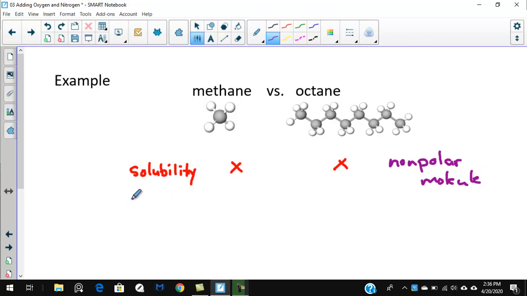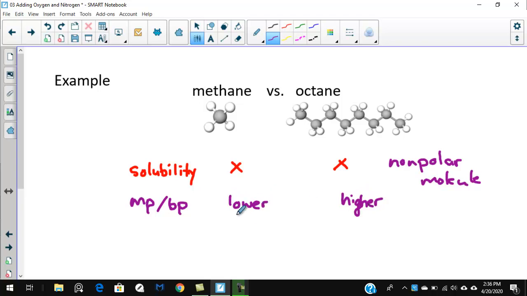But if we look at the melting point and boiling point, we were just saying on the previous screen that non-polar molecules make LDF forces, London dispersion forces, and they get stronger as the number of carbons goes up. So the higher boiling point is going to be octane because it has 8 carbons in its chain, and the lower boiling point or melting point is going to be methane.